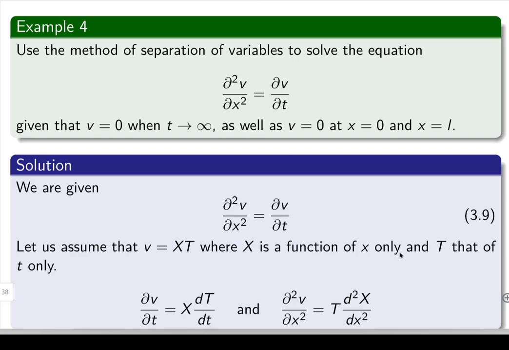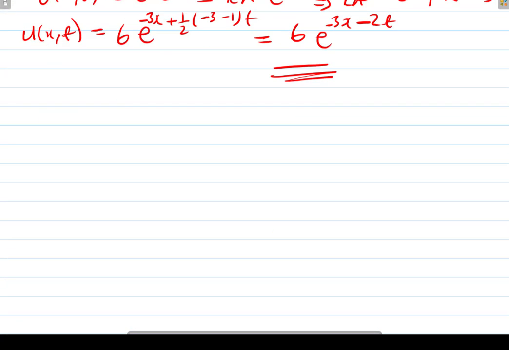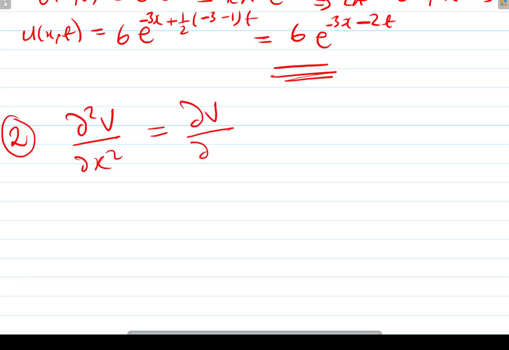Let us go to the board again. We'll try to do this. Example 2, the other one I didn't write. It was d squared v over dx squared equal to dv over dt.